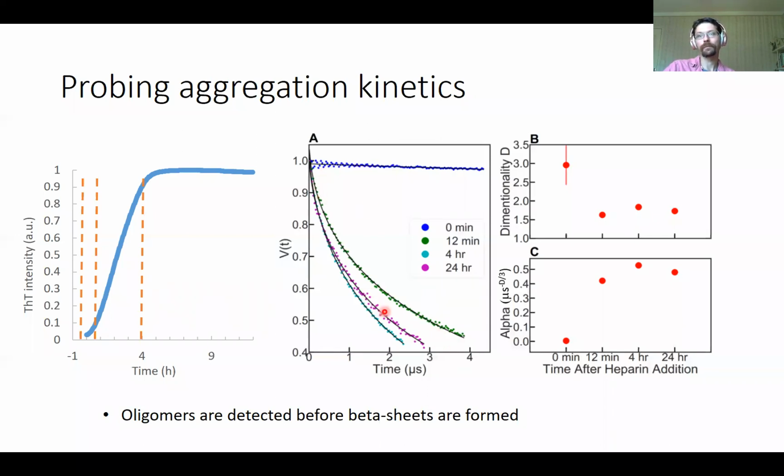Ideally you'd like to involve two Ds and two alphas, but then you'd clearly be overfitting and you wouldn't get anything. What you can say for sure is that this big increase in alpha is clearly a sign that you're clumping, that all your spins are getting together.